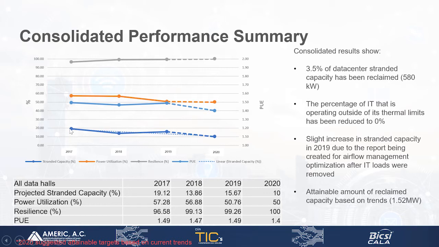Stranded capacity is the amount of IT load that they cannot safely load in their data centers, the amount of IT load that is being exposed to either high temperatures or non-redundant power. And that trend is going down. So they're actually able to use more capacity today than they were able to use when they started.